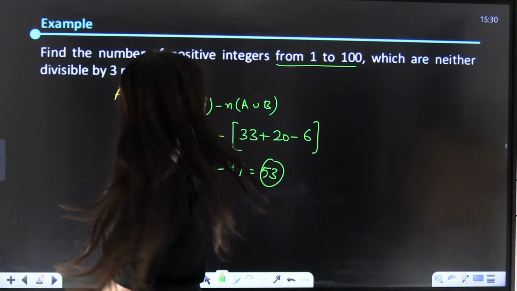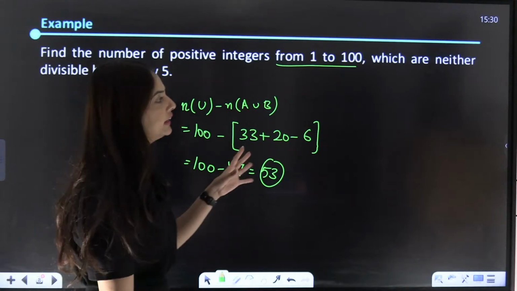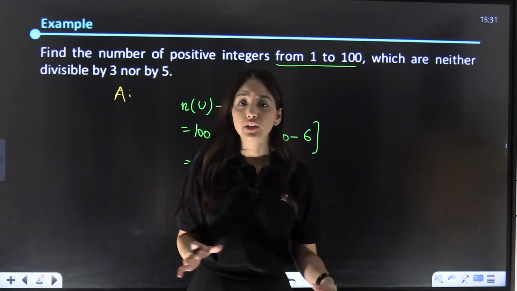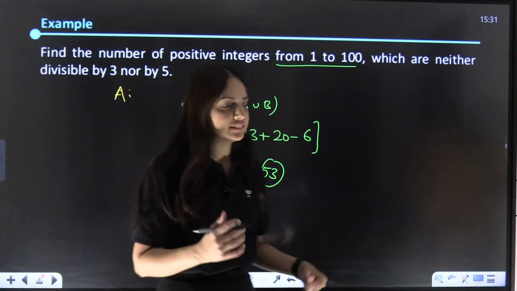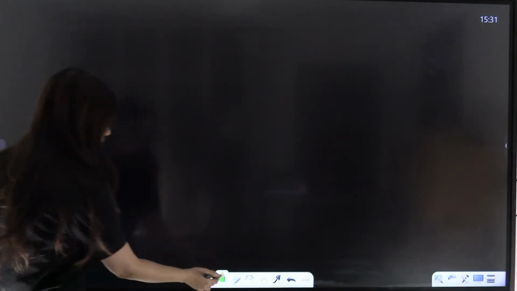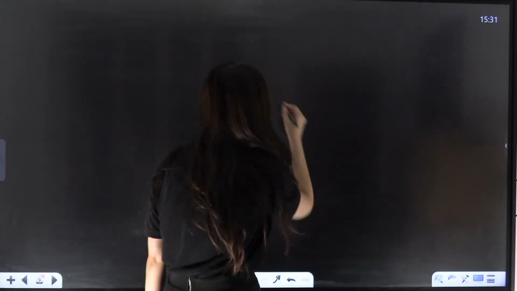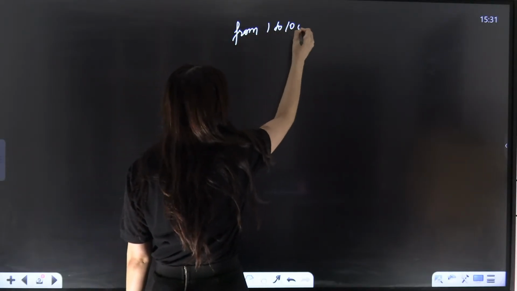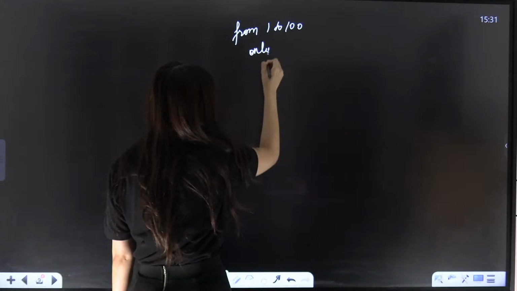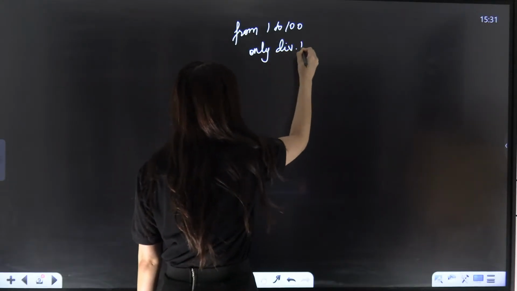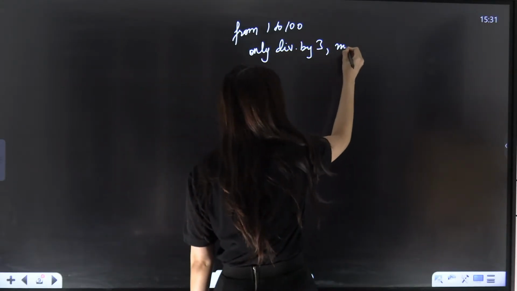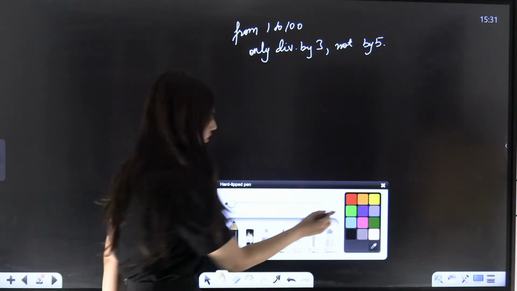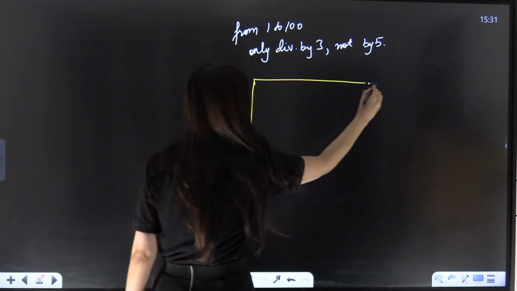Alright, so like this we can calculate either in 3 or in 5 or in 3 but not in 5. For example, if we want to calculate from 1 to 100 only divisible by 3 not by 5, what does our Venn diagram look like?